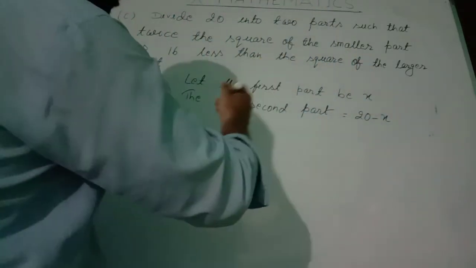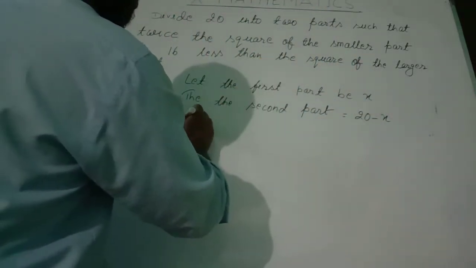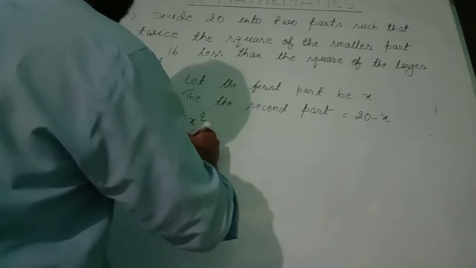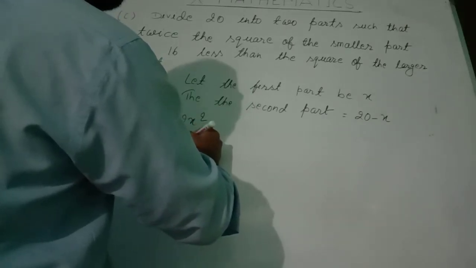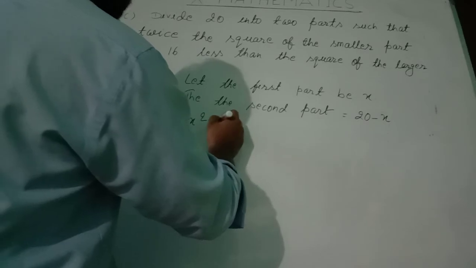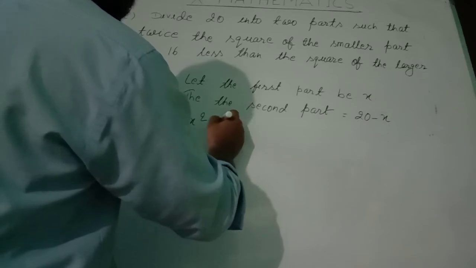Then twice the square of the smaller part, 2x square, is 16 less than the square of the larger part.